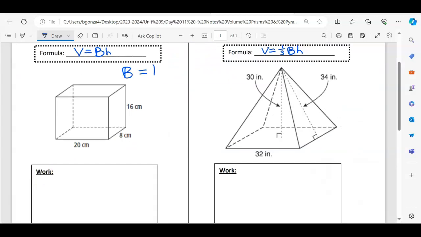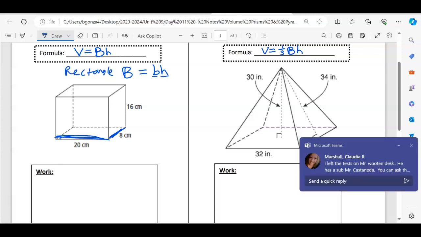All right, sorry, big B is length times width or base times height. Now, the base is on the bottom, right? So check it out. This and this. What do I do with those two numbers to figure out big B? Multiply, right? So again, if it's a rectangle base, big B is going to be base times height.